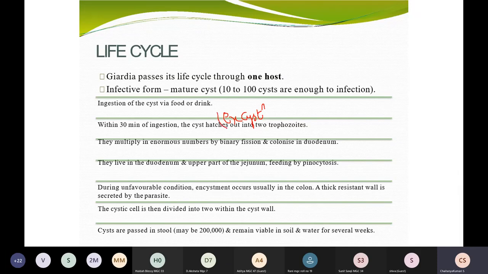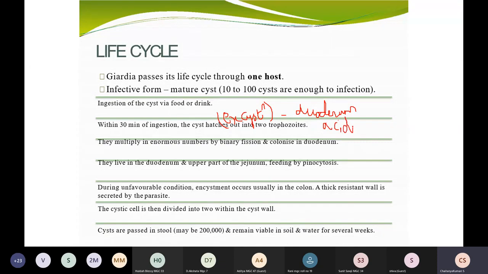At the second step, you can write excystation within brackets. During excystation, one cyst will be converted into two flagellate trophozoites. Where does it happen? In the duodenum. And why does it occur? Because of the acidic environment.